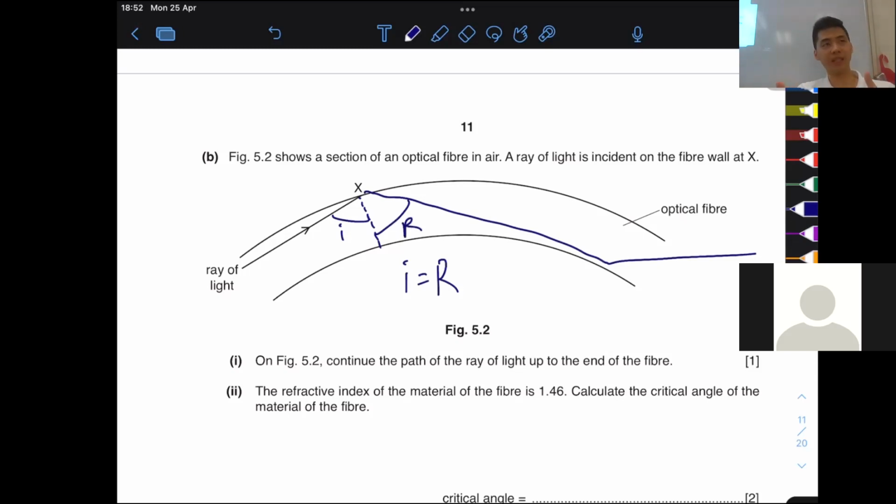It seems the same at least. Just bear in mind not to draw more than 2 lines inside the diagram. Okay, very simple. Just follow. 1 line also can, right? 1 line also can. Actually, by right, it's only 1 line.